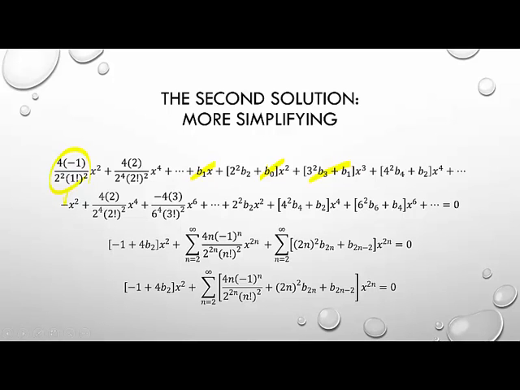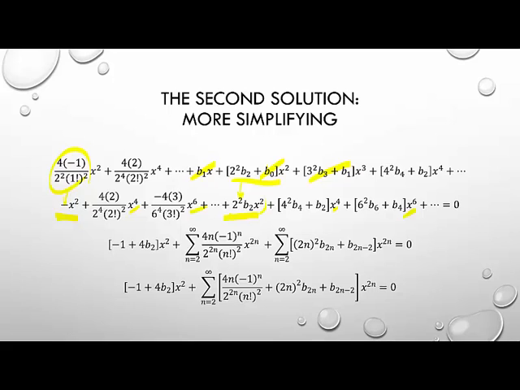The first term here, and then this term over here has an x, and b naught being 0 tells us that all we have left is 4b2 times x squared. So those are your x squared terms. After that you add x to the 4th, x to the 6th, etc.